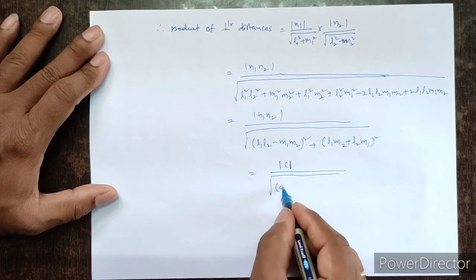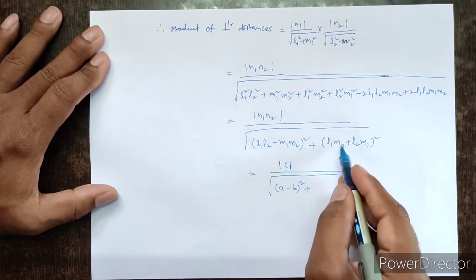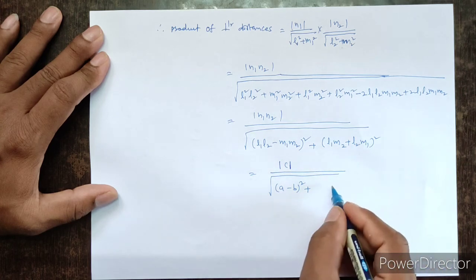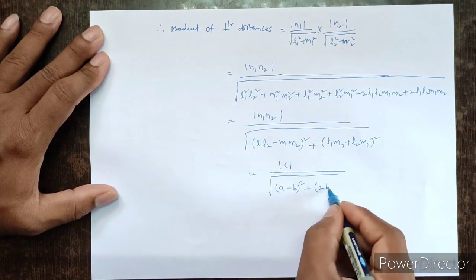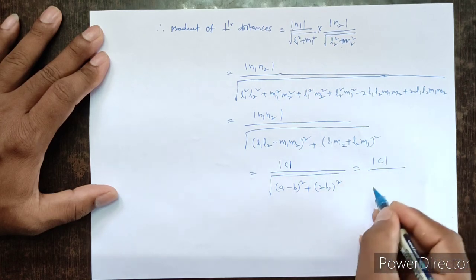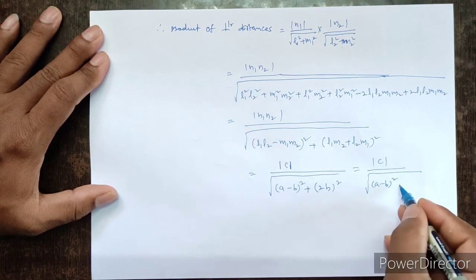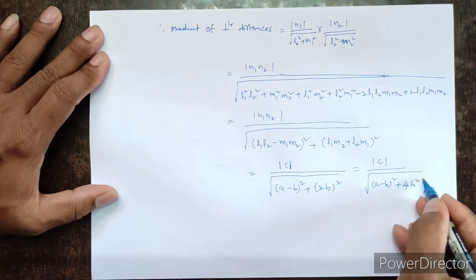L1 L2 is A, M1 M2 is B. So (a minus b) whole square plus L1 M2 plus L2 M1 is 2h whole square, that equals modulus c by root of (a minus b) whole square plus 4h square.